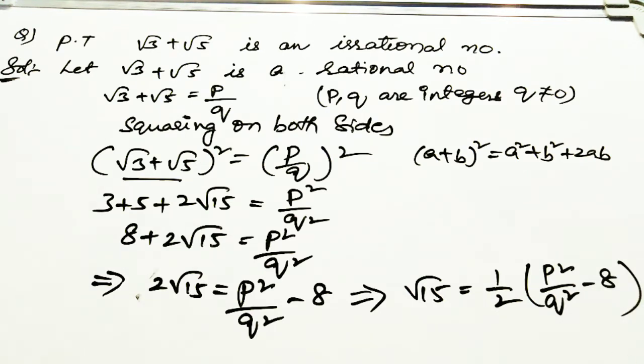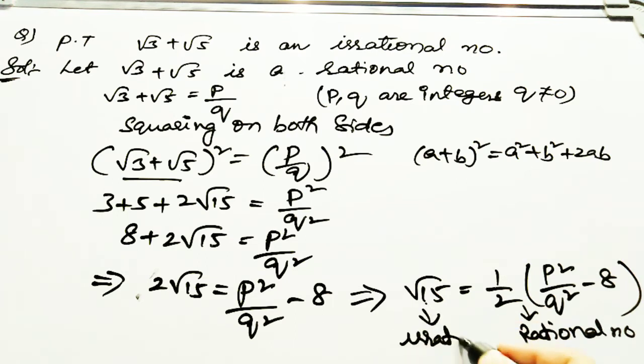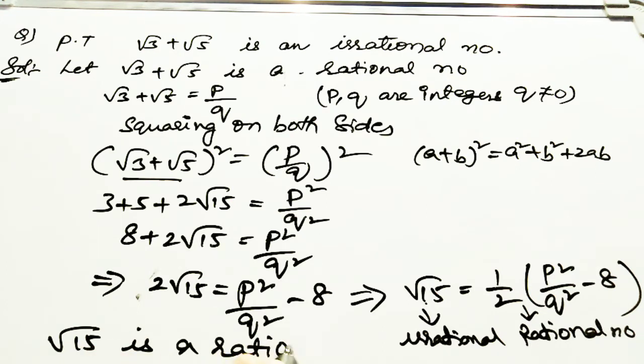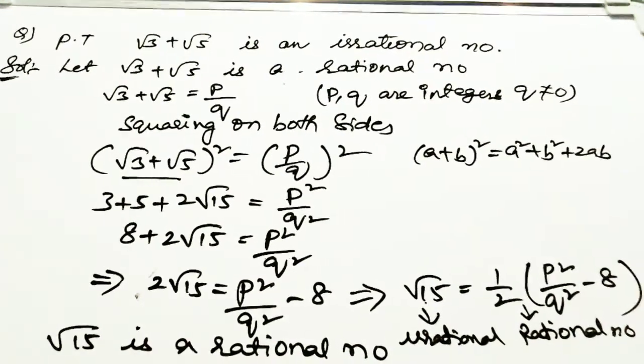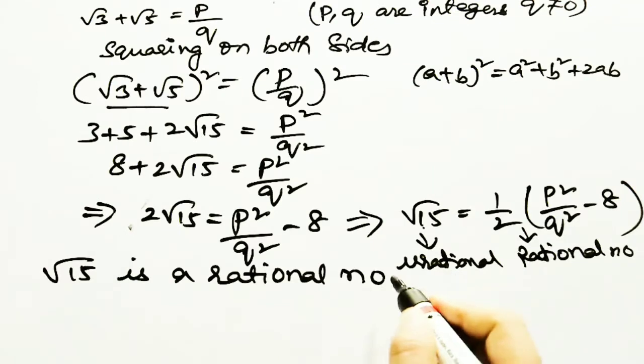Observe that it is in the form of p by q, which means it is a rational number. But root 15 is an irrational number. So it contradicts. It is not true that root 15 is a rational number.